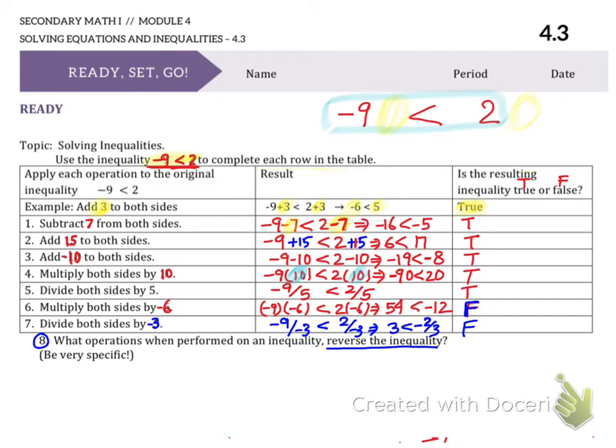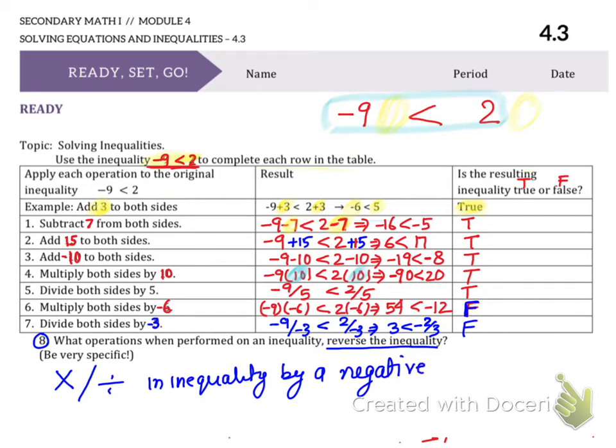Whenever you are doing multiplication or division in an inequality by a negative number, whenever you multiply or divide by any negative integer or negative number, what happens? The inequality reverses.